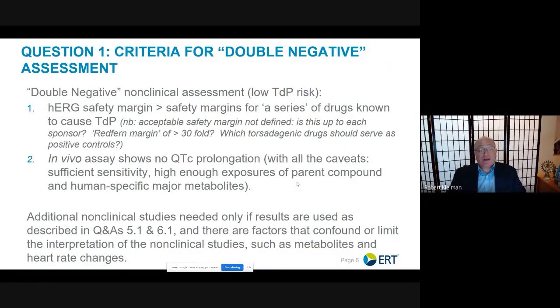And there's a comment, and this will repeat several times, that additional non-clinical studies, such as Purkinje fiber studies and cardiomyocyte studies, are probably only needed when you are using the non-clinical data to support the E14 5.1 or 6.1 pathway, and if there are factors that make the patch clamp study and the in vivo QT study either difficult or impossible to interpret, such as metabolites, heart rate changes, etc.